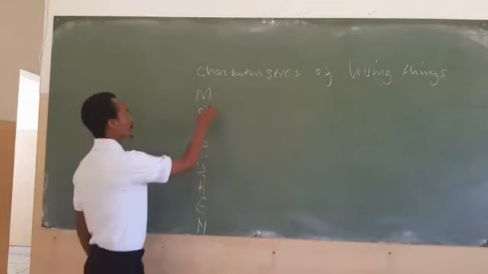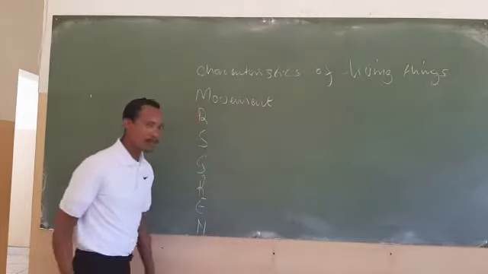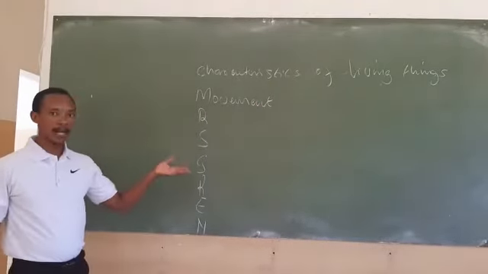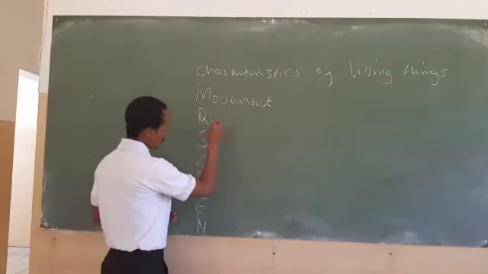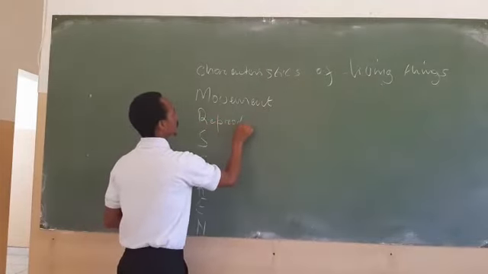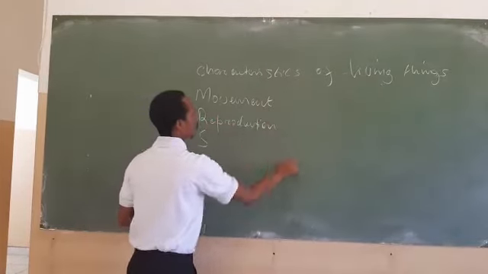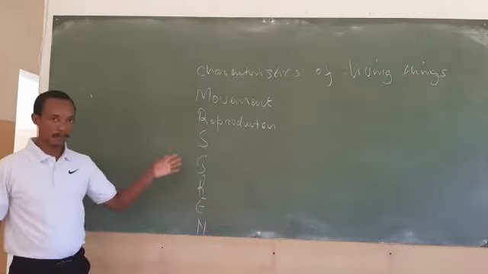The M is movement. If something is alive, it must move. Then the R is reproduction, the production of an offspring.